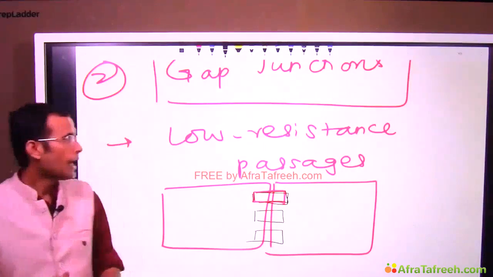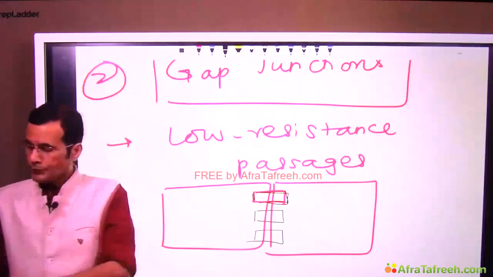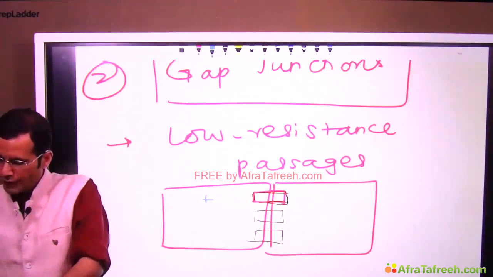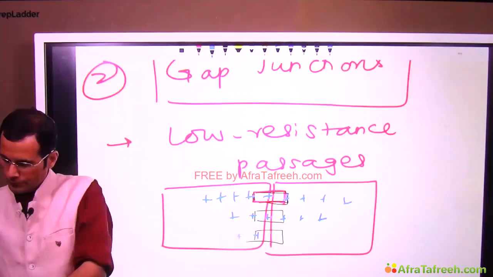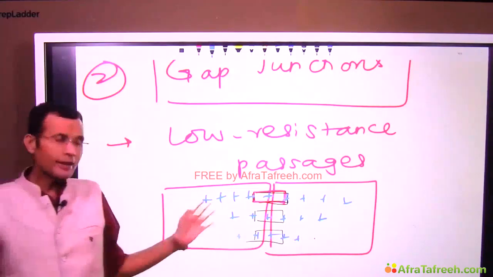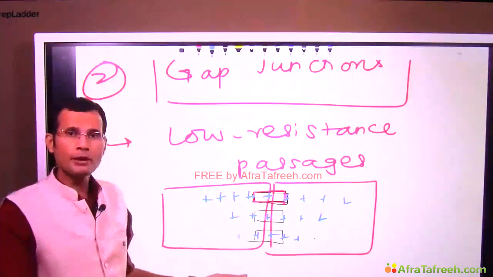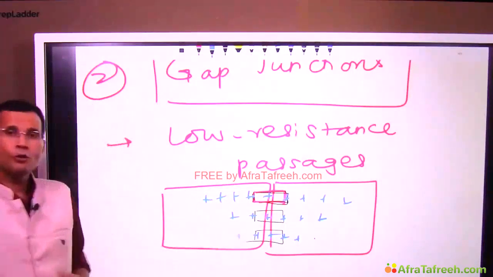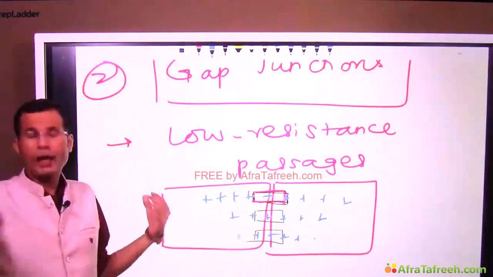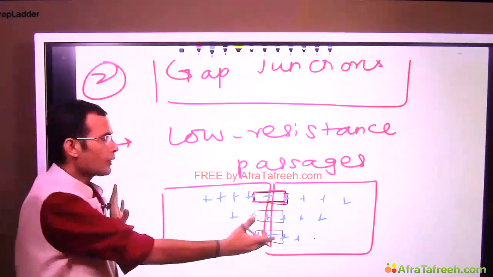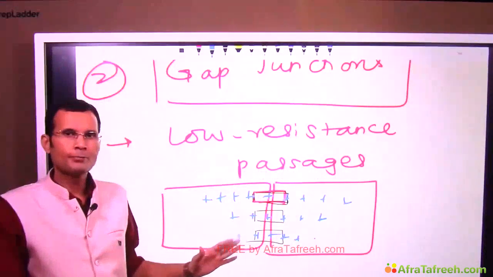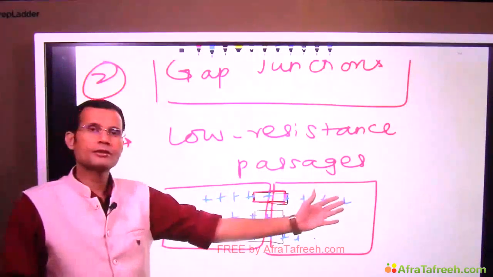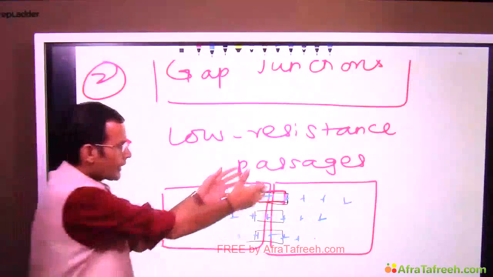And low resistance passages means there is free passage of ions, free passage of charges from one cell to the next. So cells are electrically coupled, and therefore the charges flow. And why are they electrically coupled? Because if one cell excites, the other cell excites very quickly, because of free flow of charges from one cell to the next. So these are the gap junctions.